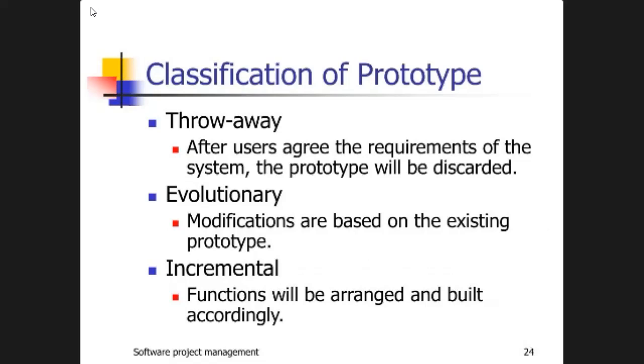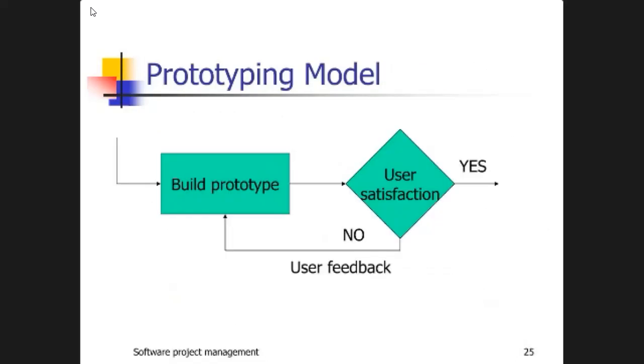Evolutionary, modifications are based on the existing prototype. Incremental, functions will be arranged and built accordingly. The prototyping model diagrammatical representation is build a prototype, user satisfaction. If yes, go. If no, then user feedback and come back to the first step.